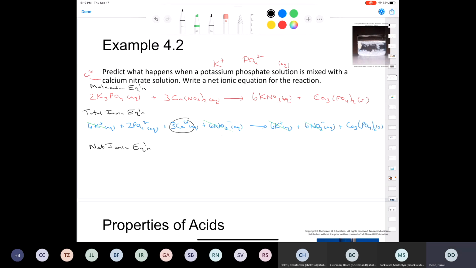By tradition, I always write the cation first, so it's going to be 3 calcium 2+ aqueous, plus 2 PO4 3- aqueous gives you Ca3(PO4)2, calcium phosphate, as a solid. This is the calcium phosphate precipitate, and here it's a white solid.